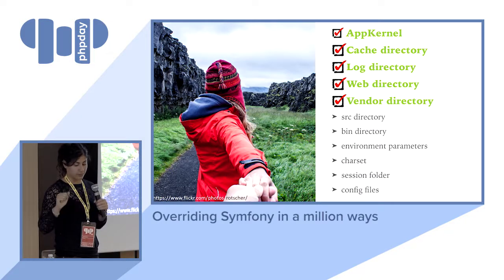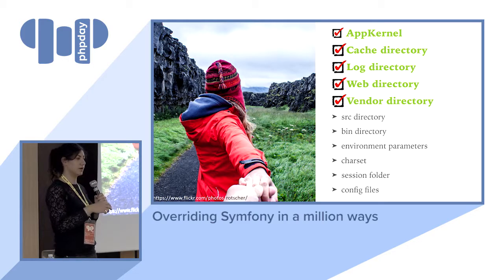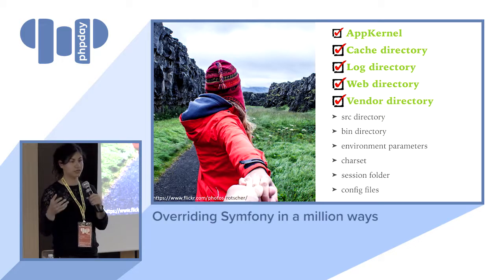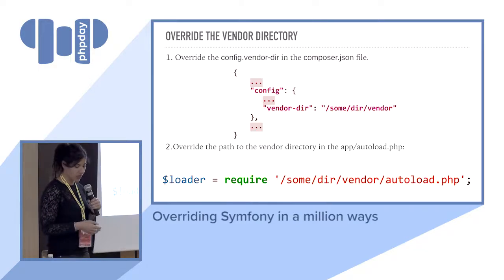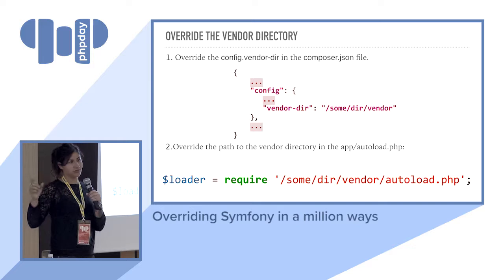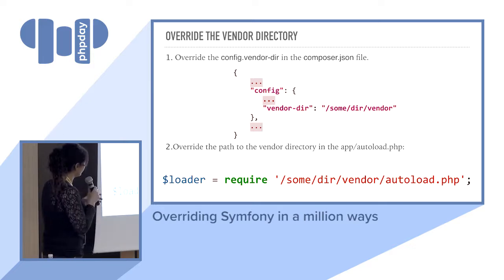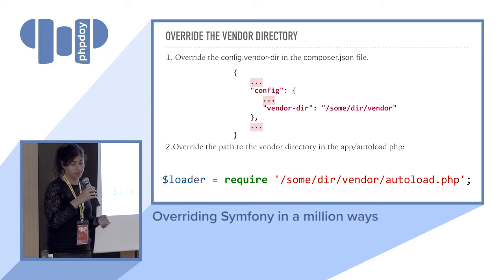All right. What about the vendor directory? You know, vendor is the directory where all the libraries you are using sit, Symfony or, I don't know, other libraries. If you want to change where the vendor directory is, you have to add a config parameter in the composer.json file called vendor-dir, and just say where it is, okay?